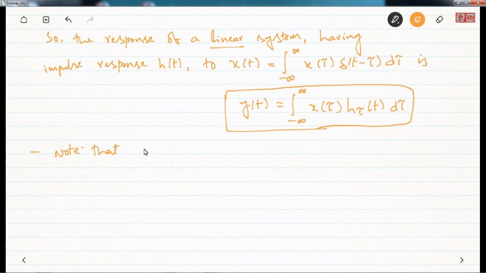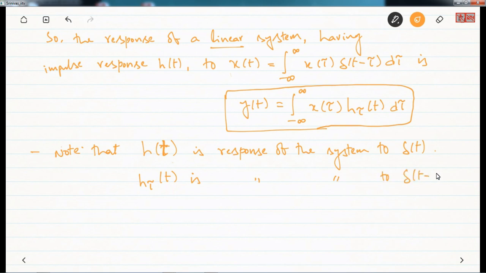So let me write this note that h of t is the response of the system to delta of t, and h tau of t is the response of the system to delta of t minus tau, right?